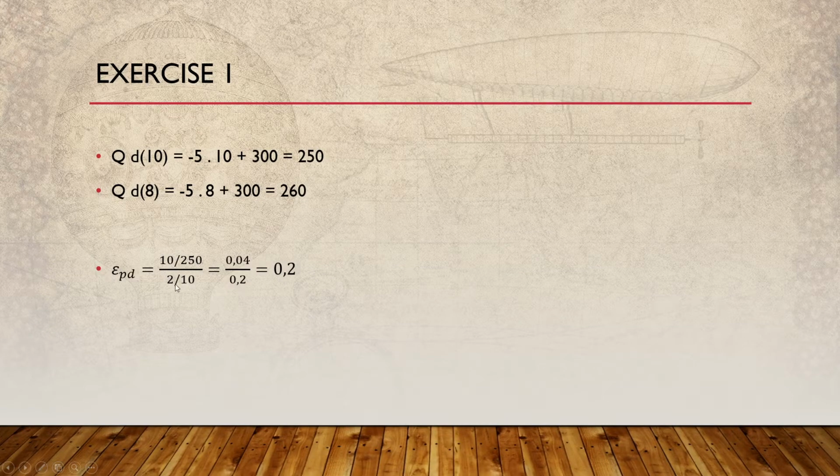This will be divided by, once again, the change in price right now, which equals 2. You could write down a minus 2 over here because the prices actually went down. But as we have seen before, we are working with the absolute terms over here. And this will give us a 2. We will divide by 10 because 10 was the initial price. And in the end, we will get 0.2.